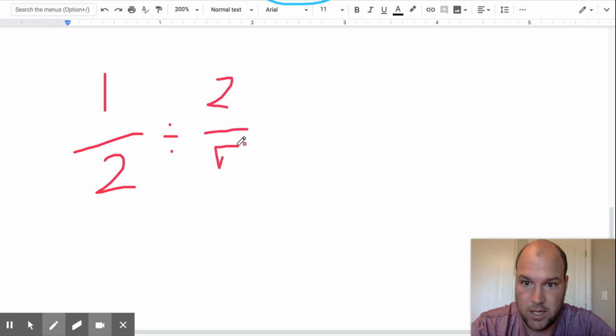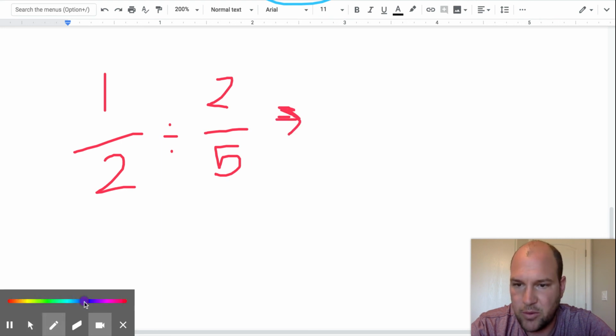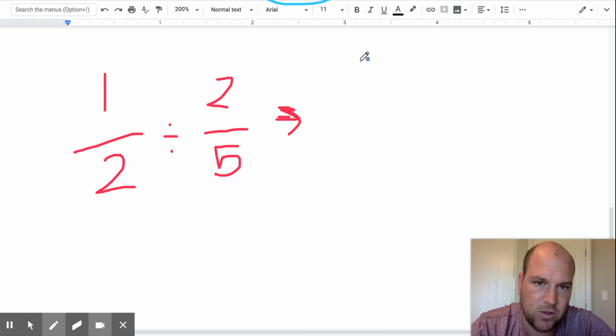Fancy, getting crazy. Okay, all you do is flip that second fraction. Let's do the old flipperoo. Which one do we flip again? First one or second one? Definitely the second one.